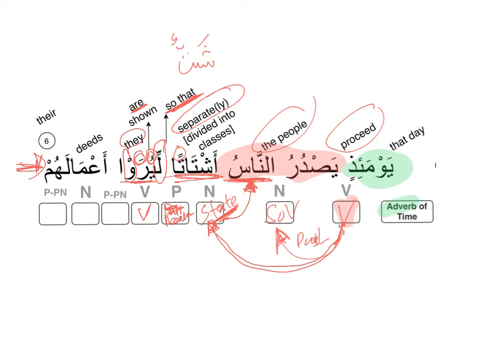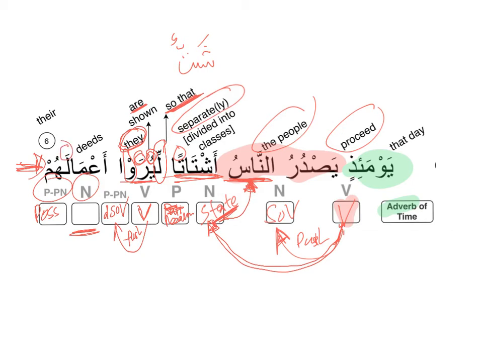Now if this is passive, therefore the subject that comes after the verb is what we call the deputy subject of verb. The verb pushes it. Then you have a'malahum, noun plus pronoun as usual. The second one will be possessive. Now what is the sign for a'mala here?